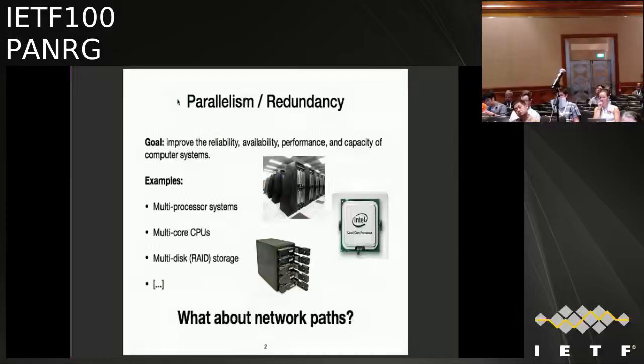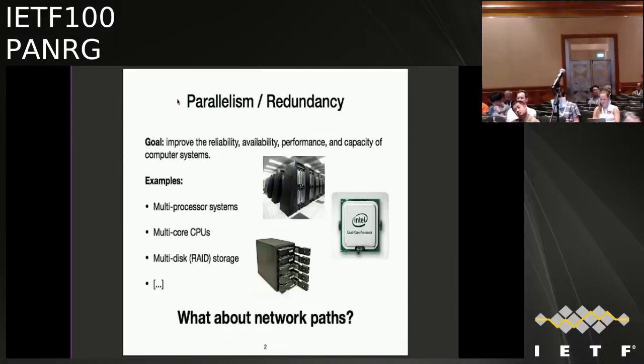Using multiple copies of the same components to improve reliability, availability, performance, or capacity of computer systems is a very old idea. Multi-processor systems, multi-core CPUs, multi-disk storage are all fairly commonplace today. But what about network paths?